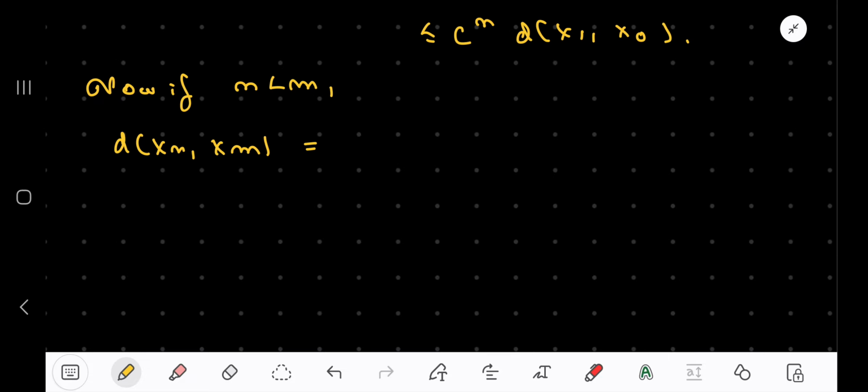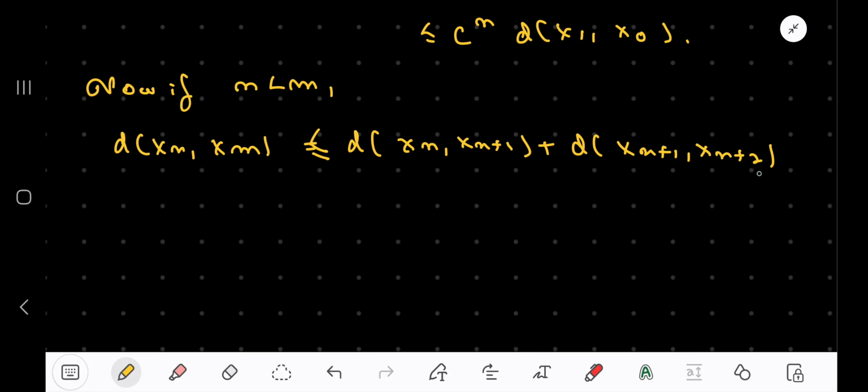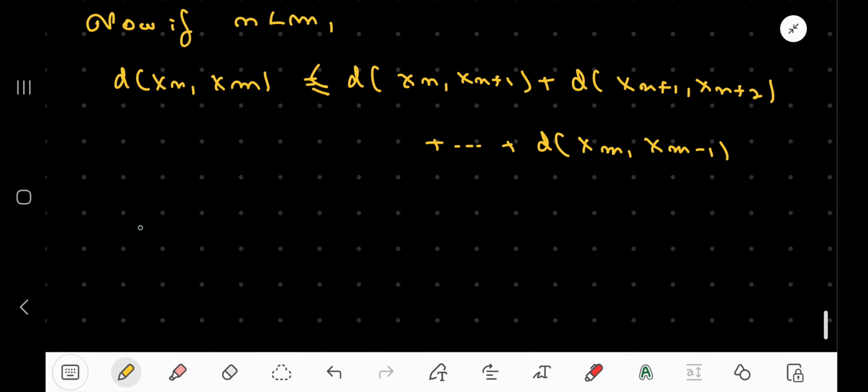By the triangle inequality, this can be written as less than or equal to the distance between x_n and x_{n+1}, plus the distance between x_{n+1} and x_{n+2}, and so on and so forth till the distance between x_m and x_{m-1}. We are writing it in a way that works well for us.